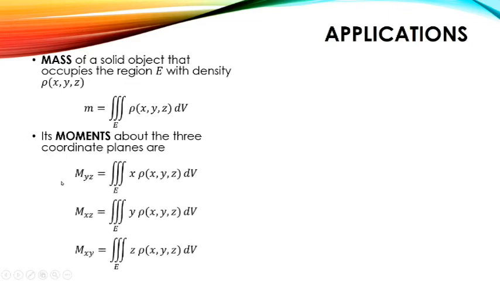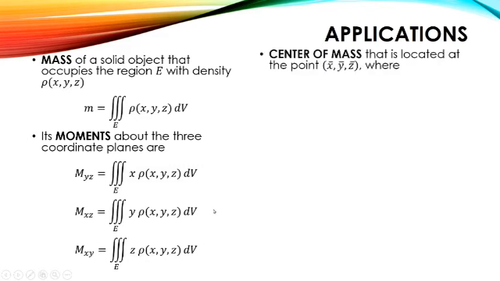The moment about the yz plane is the triple integral of x times the density function dV. The moment about the xz plane is the triple integral of y times the density function dV. The moment about the xy plane is equal to the triple integral of z times the density function dV.